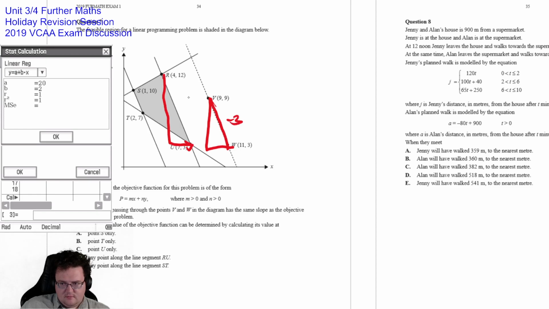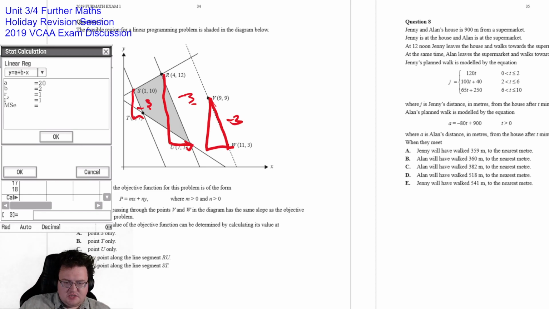So that's -3. That's -3. What about from here to here? It's the same. It's -3.